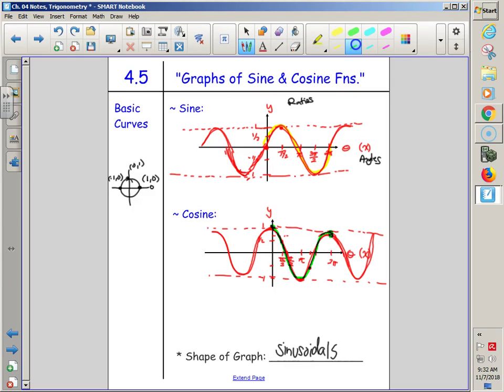They both oscillate. Wait a minute. We know that. Unit circle. They both have the exact same numbers, just at different places. So cosine's cycle and sine's cycle, if I were to shift one, it would basically run into the other.